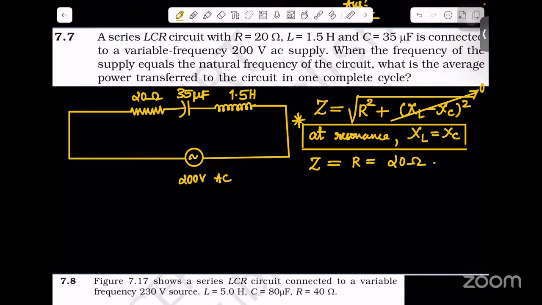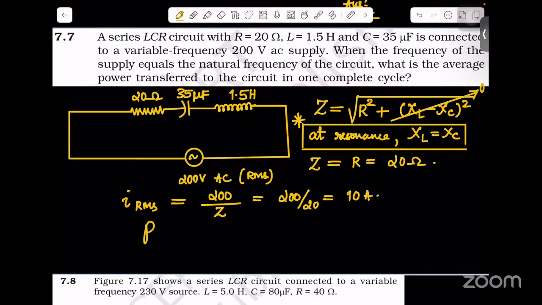Okay. Now we are being asked what is the average power. Okay. So first let's find the current, the RMS current, which is the RMS voltage. This is RMS. Nothing is said means it's RMS, okay? Upon the Z, right, which is 200 upon 20, which is 10 amperes. So the average power consumed would be this RMS current times the RMS voltage, okay?